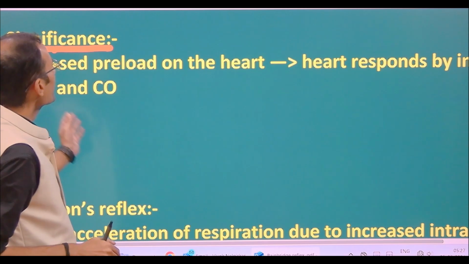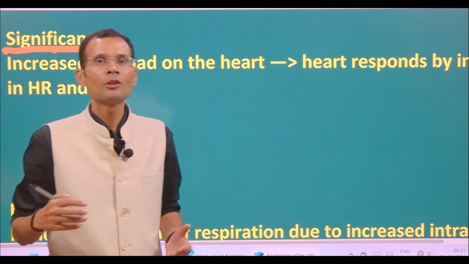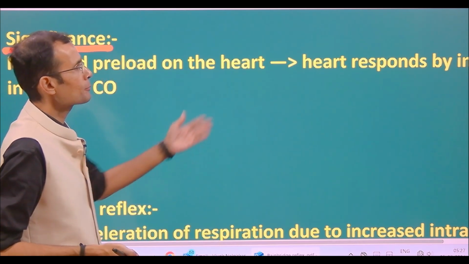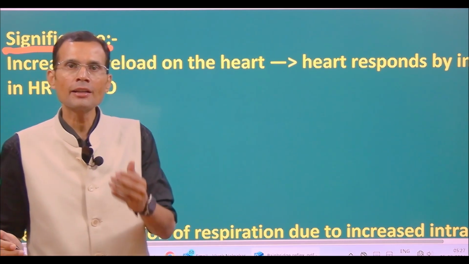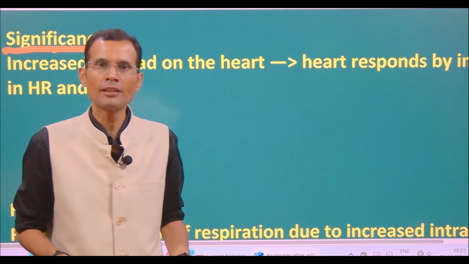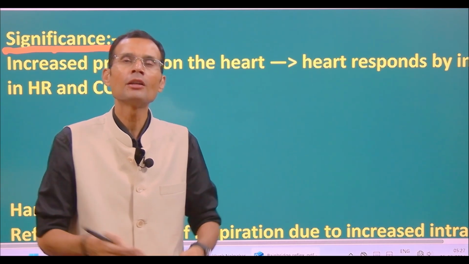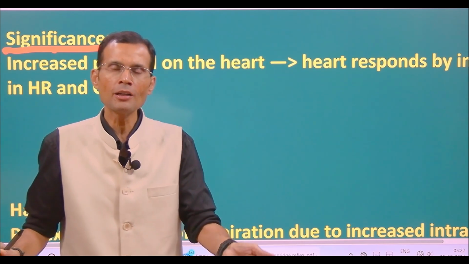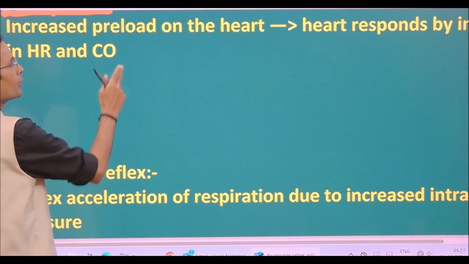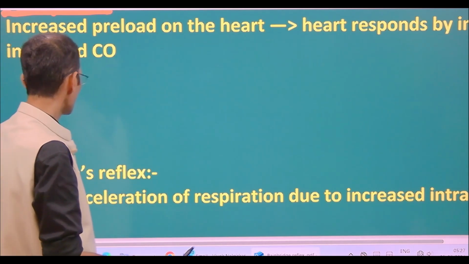Significance: increased preload on the heart. Look, increased venous return means increased preload on the heart. So the heart responds by increasing the heart rate and therefore increasing the cardiac output. The load on the heart has increased, and the heart is responding to it by pumping more blood and increasing the cardiac output. That's the clinical significance of the Bainbridge reflex.